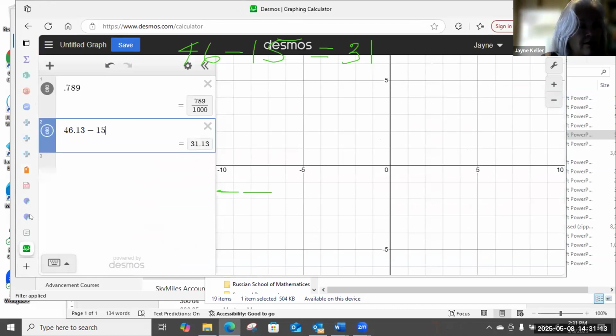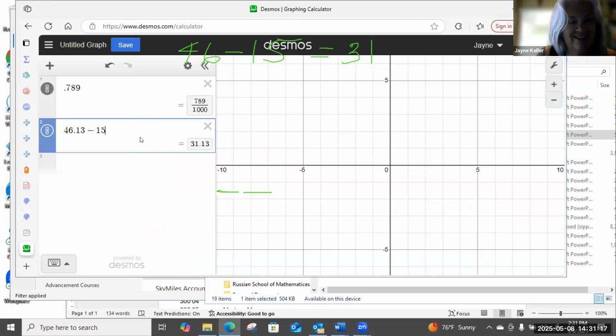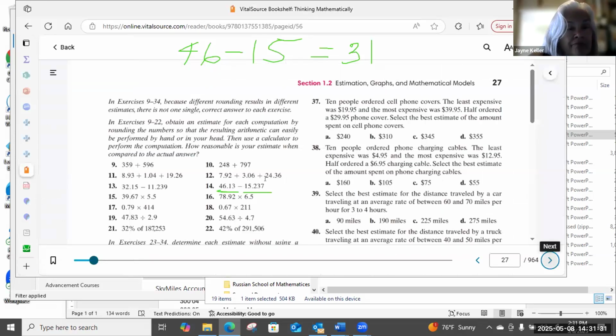Let me go back and look. 15.237. Yes. So we get 30.893. That's pretty darn close, isn't it? Yes. So that's the usefulness of rounding.